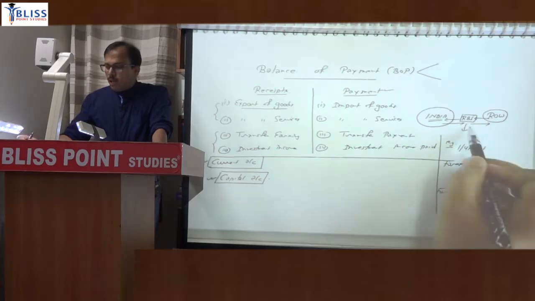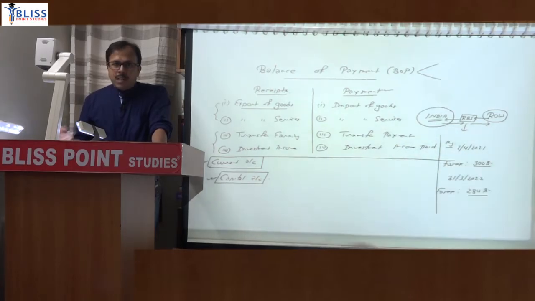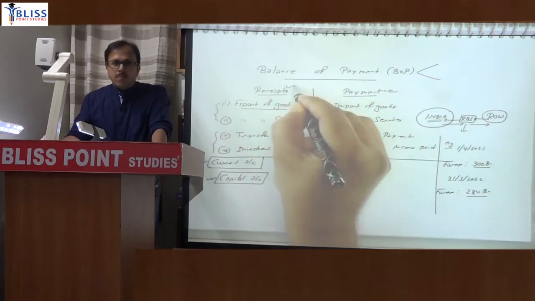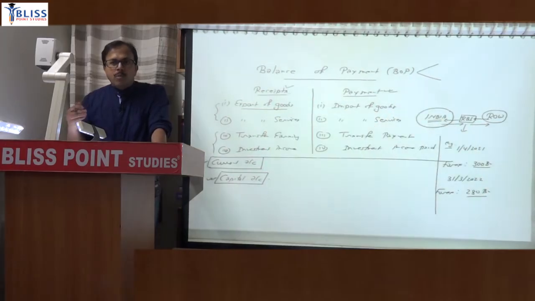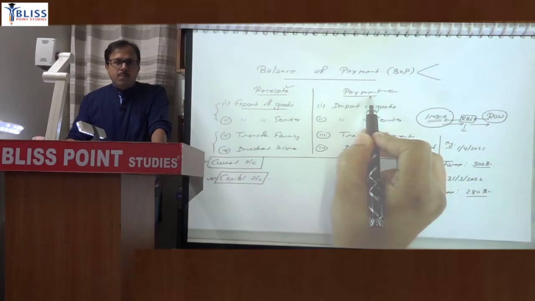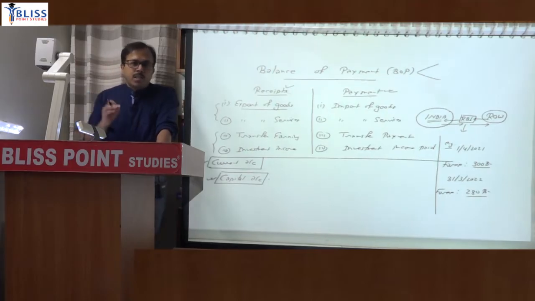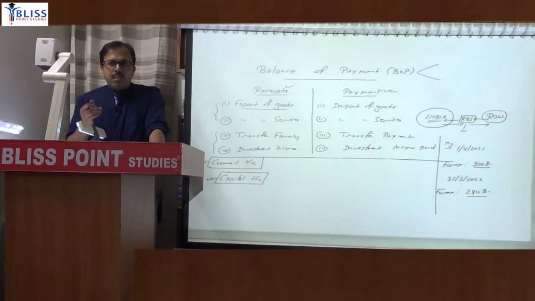Outflow is basically because of payment, inflow is through receipts. So if there is more outflow, it means there is more payment and fewer receipts. But if there is more payment, then there is a balance of payment deficit. So if the foreign exchange reserve with the central bank is declining, we can say that there is a deficit in the balance of payment.